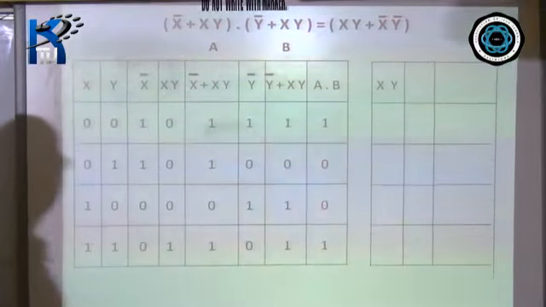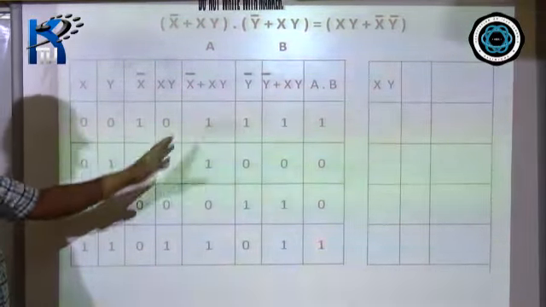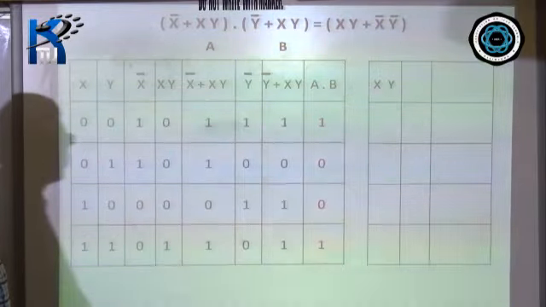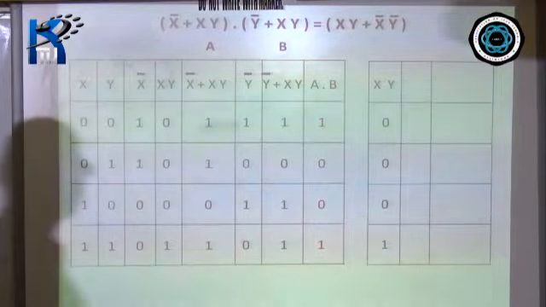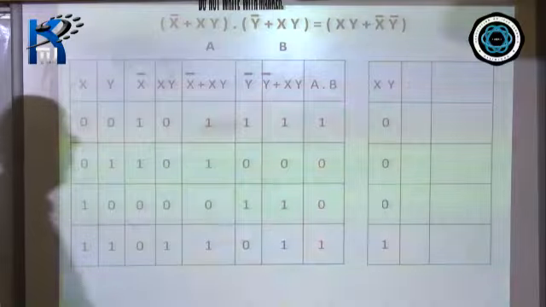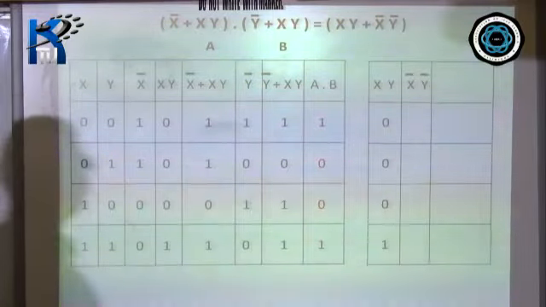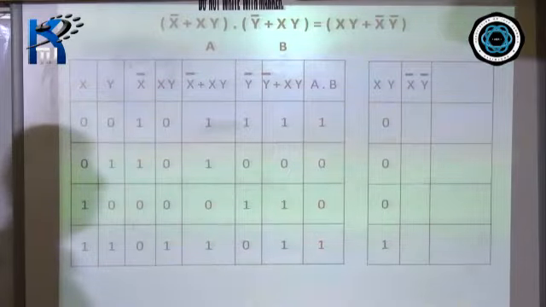First is xy. We already have solved xy here, so we'll just write the same thing there. We copy it, 0 0 0 1. Next we have got x complement y complement, that is x complement dot y complement, where dot represents AND.